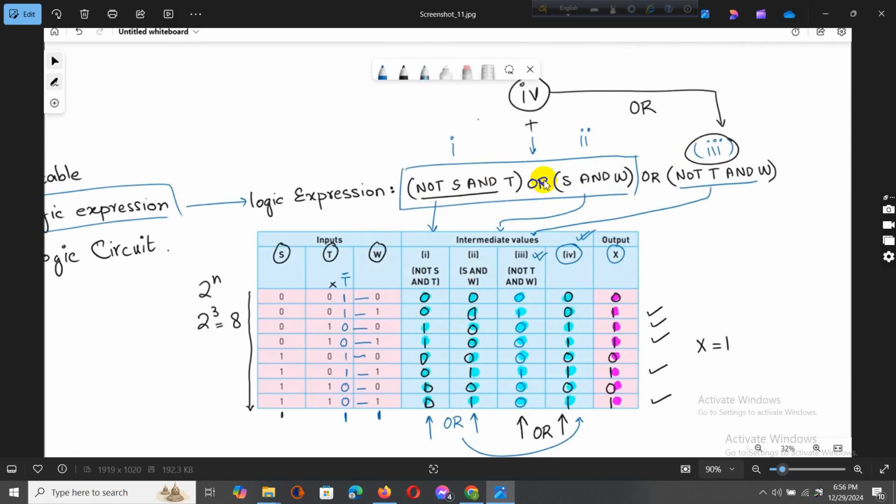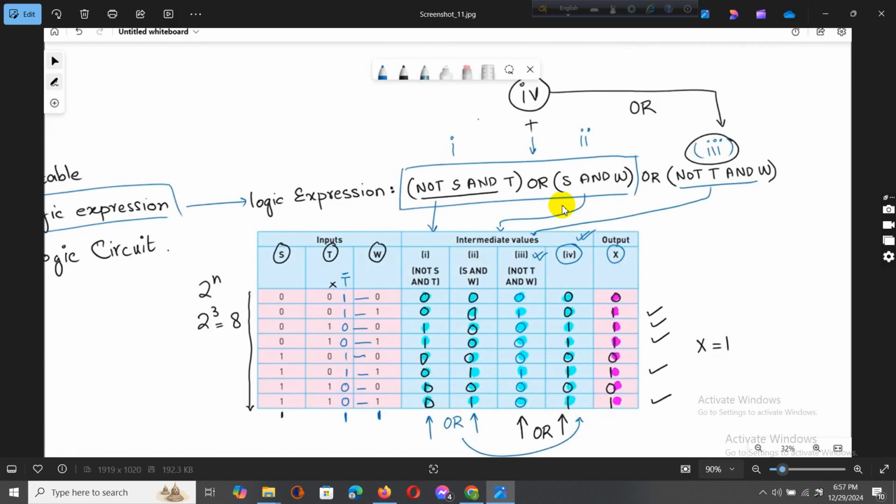We know that OR is an addition between the two input bits. 0 plus 0 becomes 0, 0 plus 0 becomes 0, 0 plus 0 becomes 0, 1 plus 0 becomes 1, 1 plus 0 becomes 1, 0 plus 0 becomes 0, 0 plus 1 becomes 1, 0 plus 0 becomes 0, 0 plus 1 becomes 1.